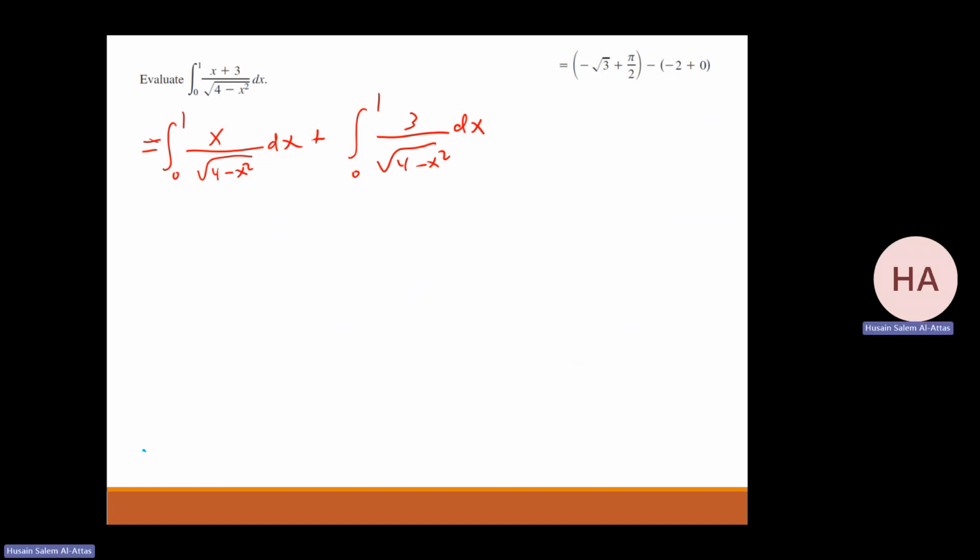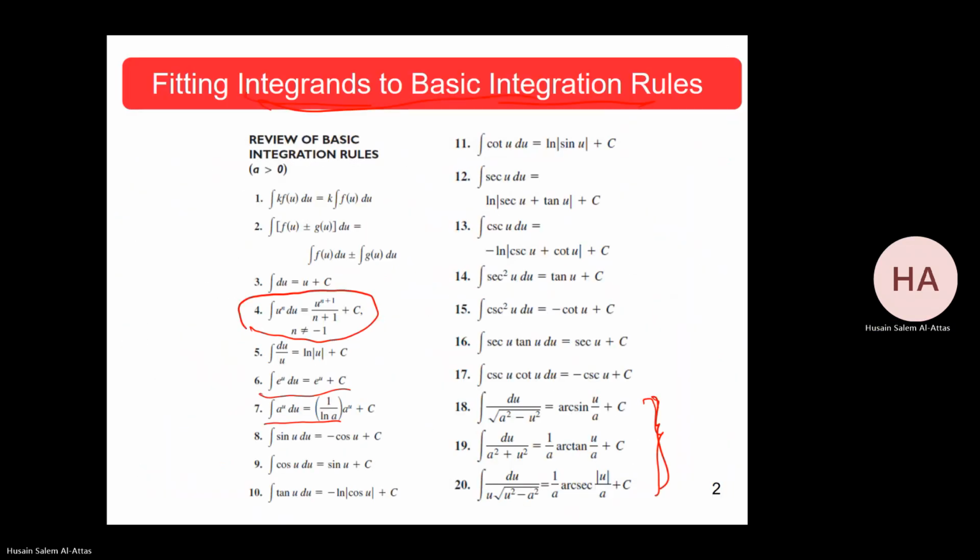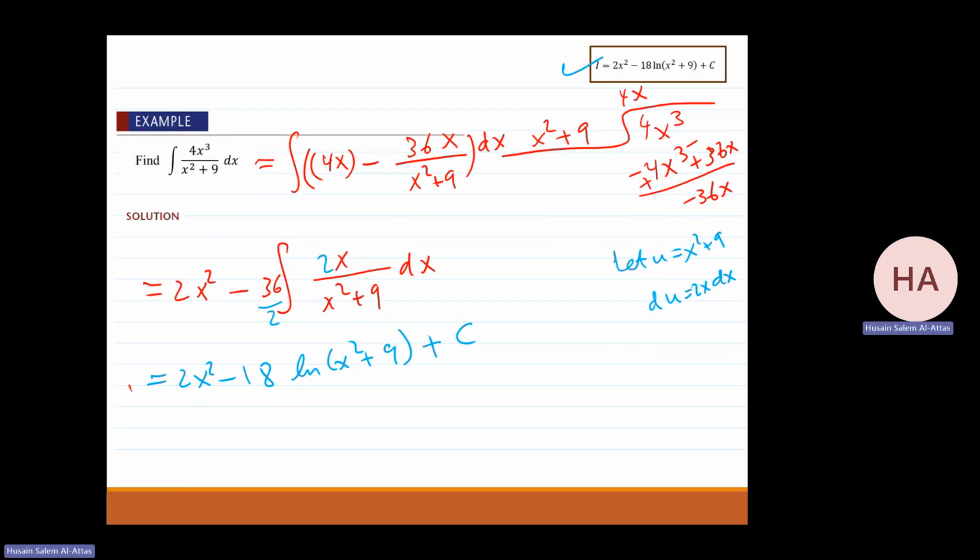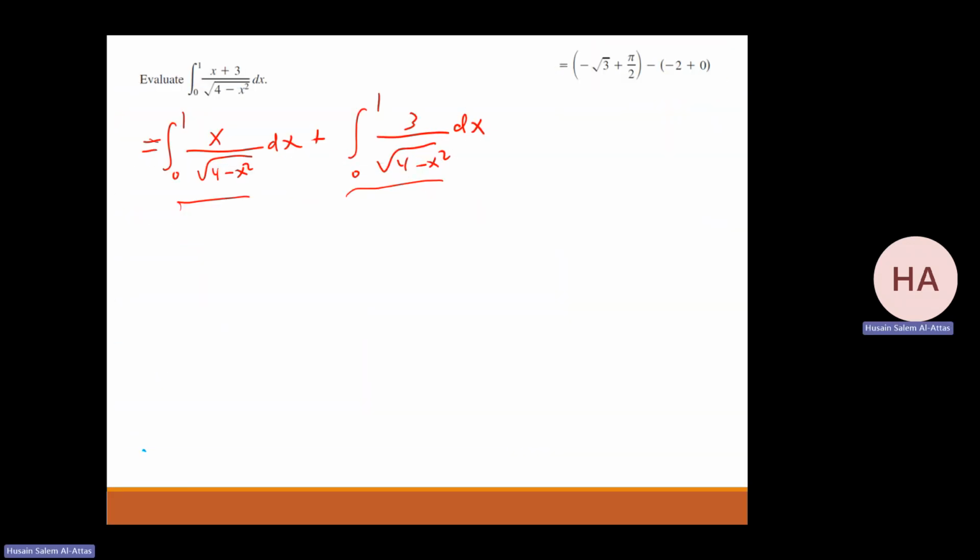And I notice one thing: this one, u substitution can do it. This one, if you go back, is similar to this one, so I need arcsine of u over a. Okay, so let me do it.